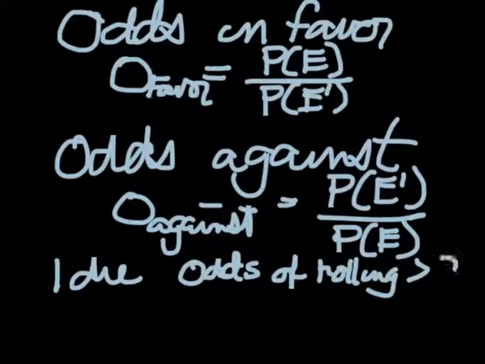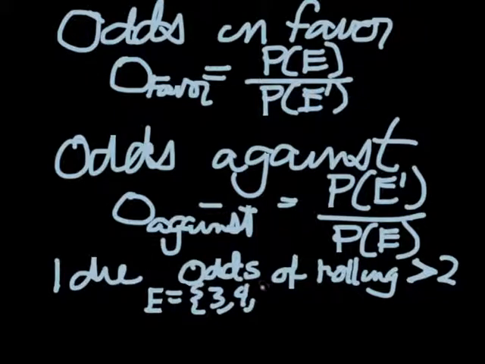So what we have to first describe is, well, what's our event? Well, our event is the set of 3, 4, 5, or 6. So now I know the event.